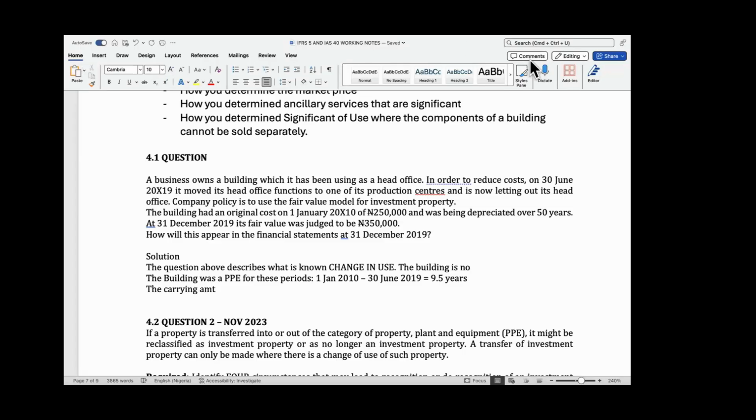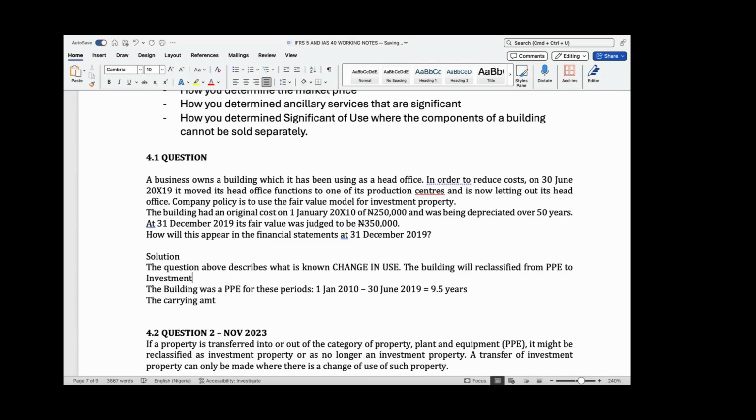Okay, good. So as I was saying, the building will be reclassified from PP to investment property.